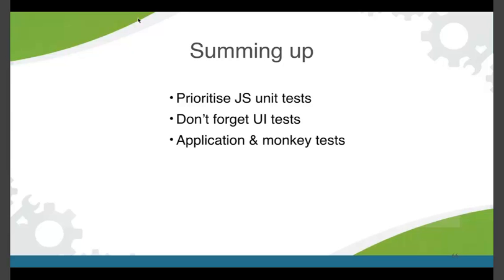Of course, you always need application tests, because that's what will eventually tell you if you can release or not, if the application works. And also, I really suggest that you look into monkey testing because it will find bugs for free, I promise. No effort spent.